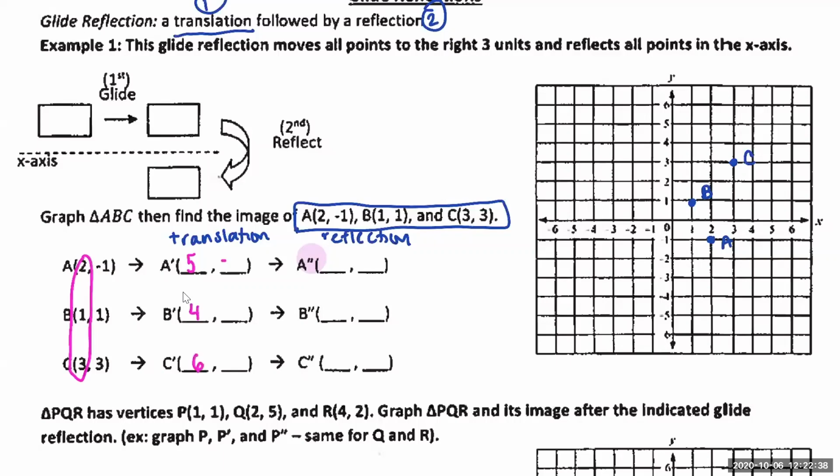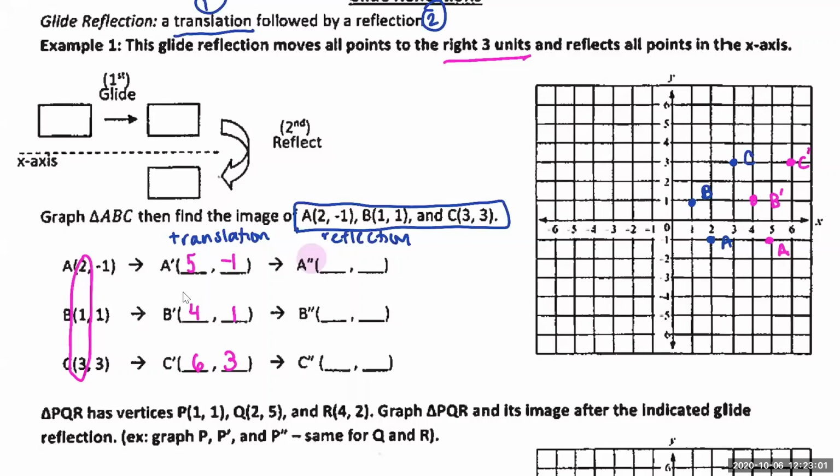All the y coordinates stay the same, based on the description above. Physically, I move these 3 points 3 to the right and label them A prime, B prime, and C prime.